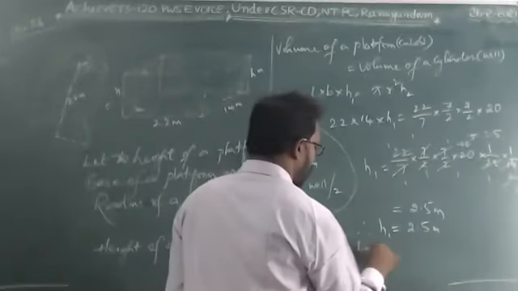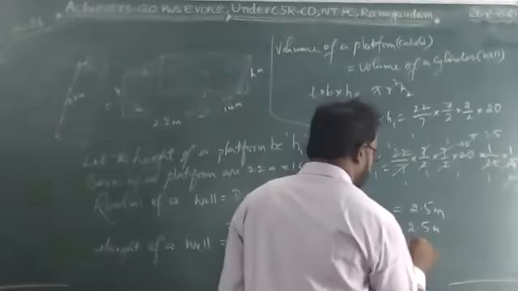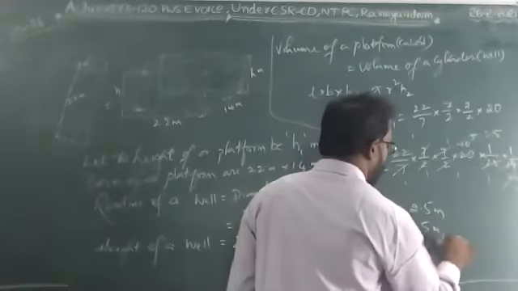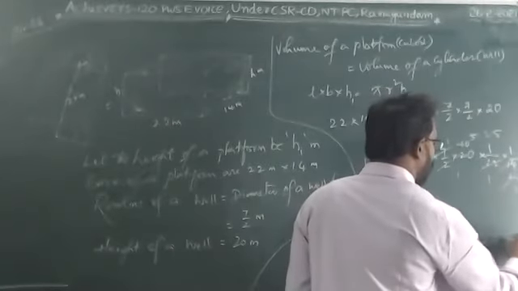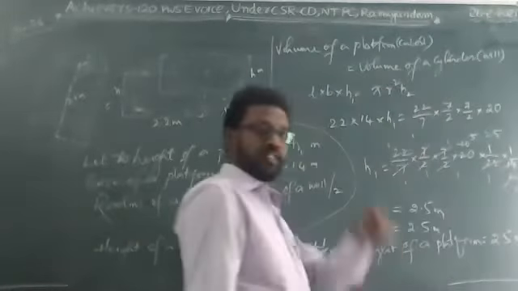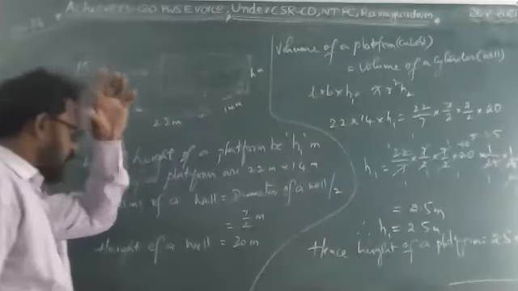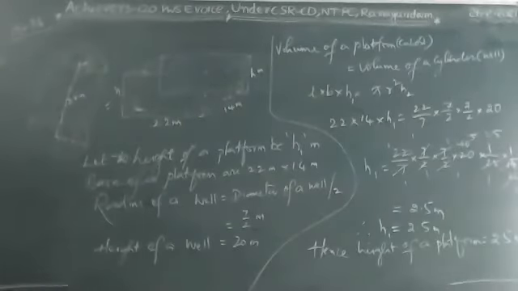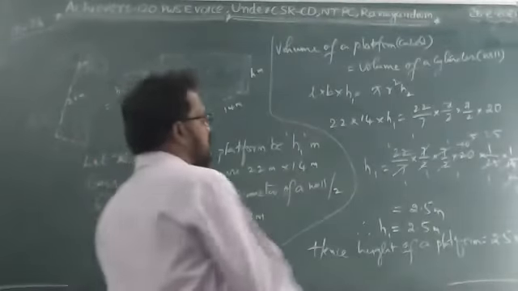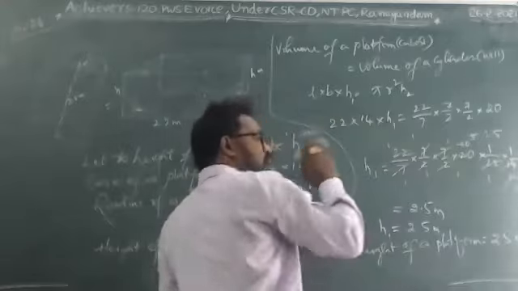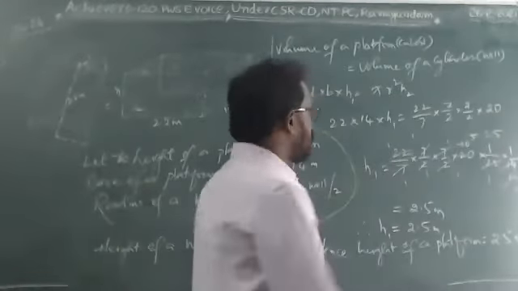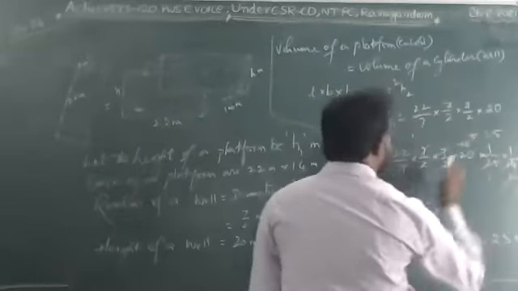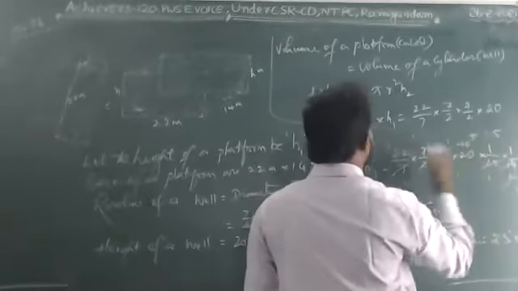Hence, the height of the platform is equal to 2.5 meters. So this is the way to do it. See how easily it gets cancelled here. 22 and 14 I did not multiply, and here also I am not multiplying. Just send this one also to the right side, then go with the calculation.